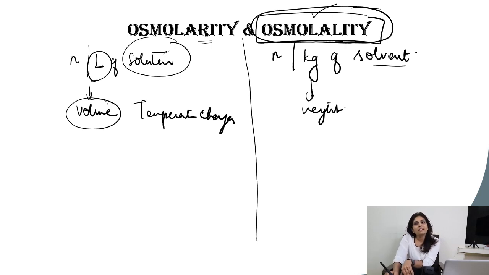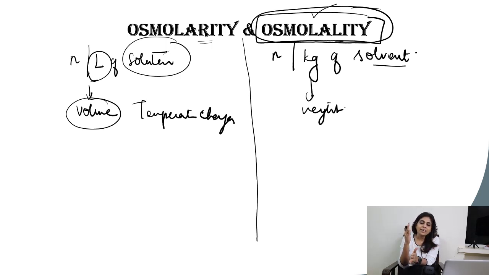But for all practical purposes, you can use the two terms interchangeably as long as it's going to be a measurement of something which is happening in your blood. You can use the two terms interchangeably, basically because we have an effective thermostat which maintains your body temperature in a narrow range. And in that narrow range, temperature variation is not going to affect osmolarity.